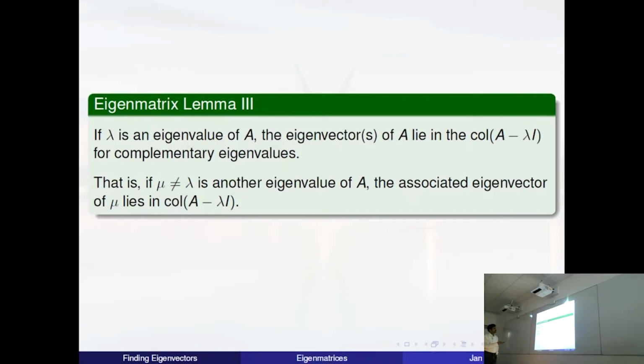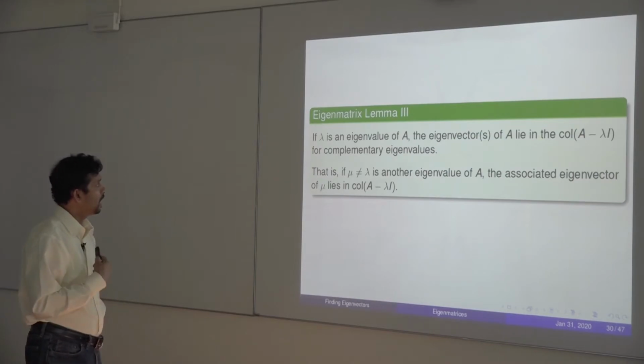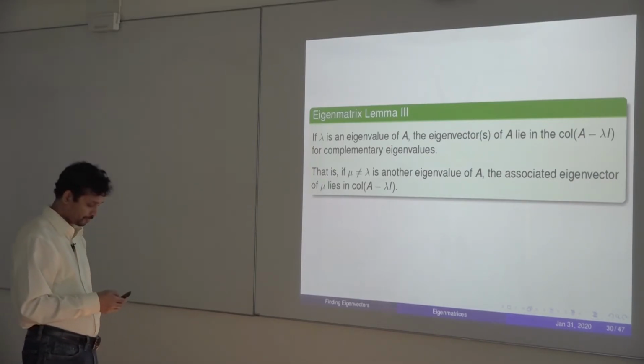So eigenvectors of lambda 1 sit in the column space for a complementary eigenvalue. This is not the same lambda, so it's for a different eigenvalue. That is, if mu not equal to lambda is another eigenvalue of A, the associated eigenvector of mu lies in the null space of A minus lambda I, or the column space of A minus lambda I. So we call this the eigenmatrix lemma.